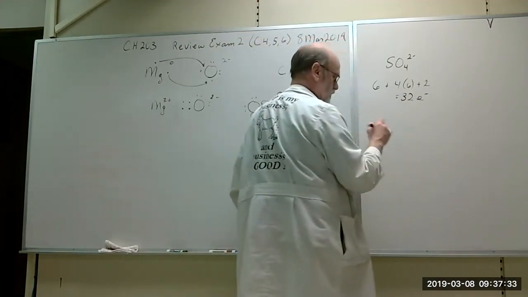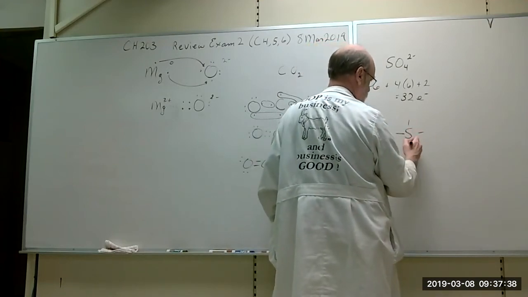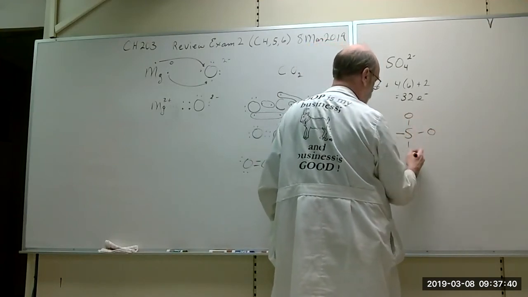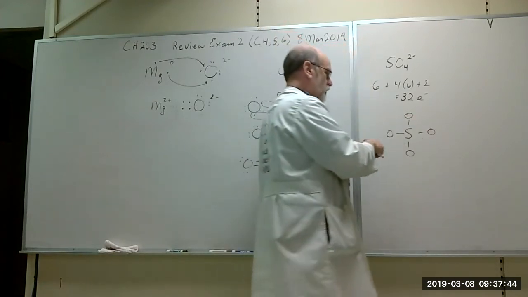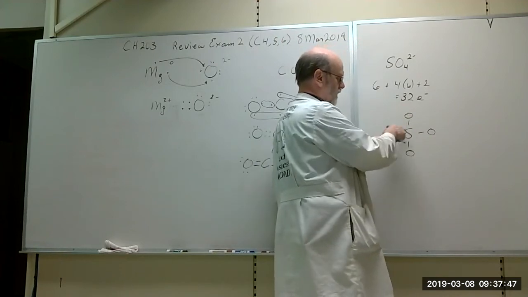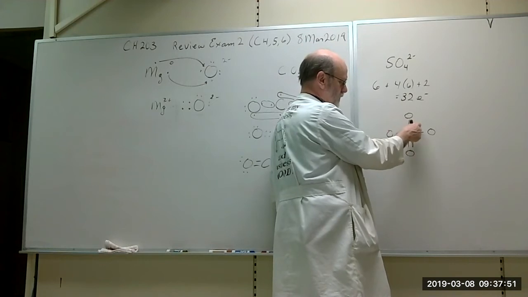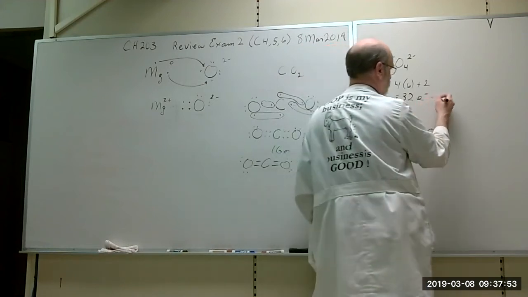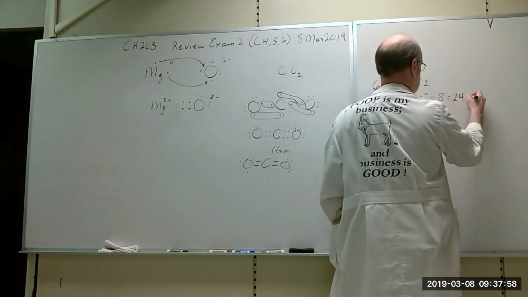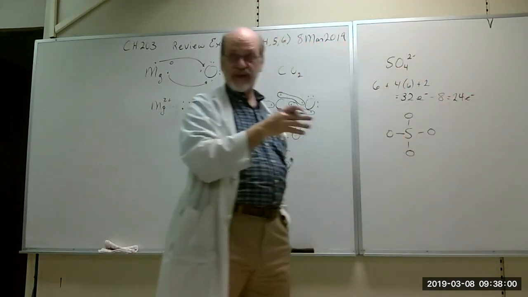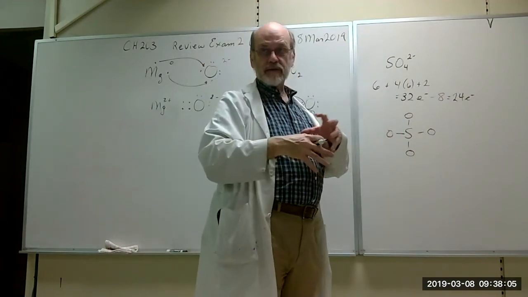Now you start off by building the molecule. We have 4 oxygens attached to that sulfur. And I draw it this way because it's cleaner rather than putting dots in here. So each one of these is 2 electrons. That means we've used 2, 4, 6, 8. So that would be 24 electrons left over that we have to place. Now you start from the outside and work your way in.